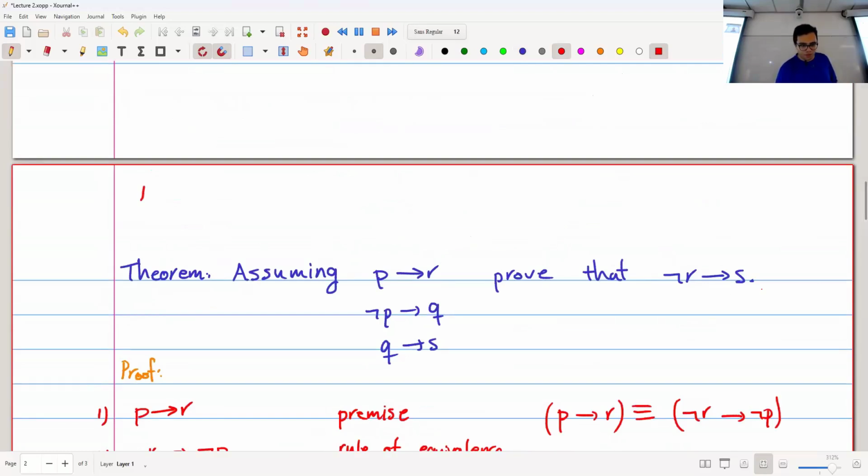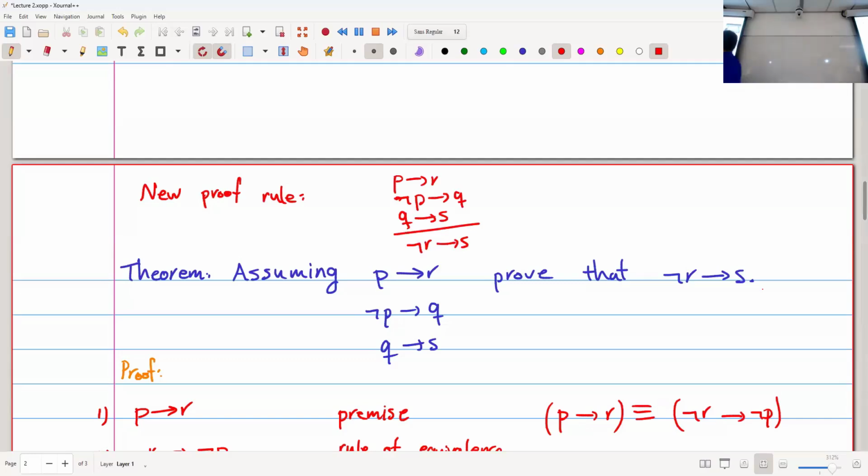So a new proof rule that you can use from now on is that whenever you have these premises, P implies R, not P implies Q, and Q implies S, you can immediately say not R implies S. And this is basically using this theorem as a lemma.